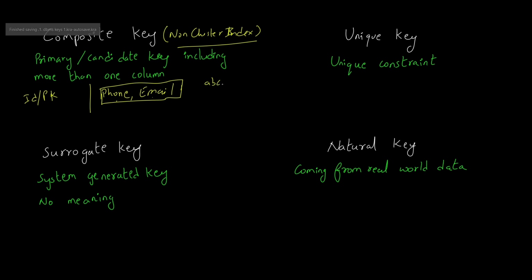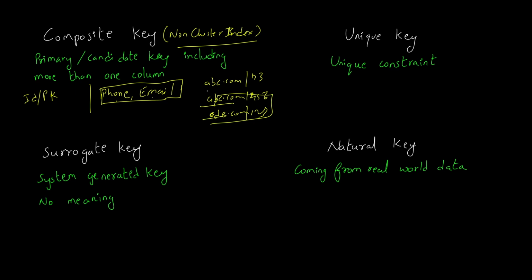There won't be a record called abc.com and 123, let's say, phone number. This will not duplicate. This can happen: 456 123 and cde.com. This can happen, but these cannot be duplicated. So this will become a composite key for us.